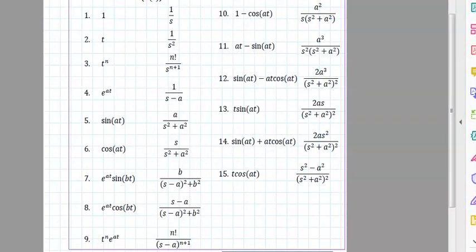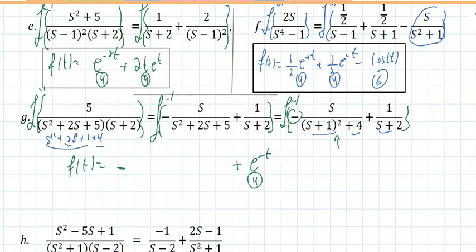So if I look at s over, I notice if there's a shift on the bottom, I need a shift at the top if there's an s. If there isn't, that's fine. But since there is an s, I need this to match. Well, I could do that one way. I could say, look, I'm going to add a 1 and subtract a 1.